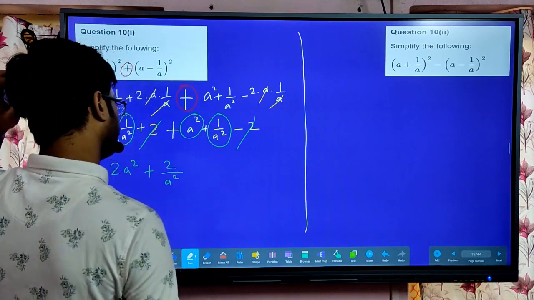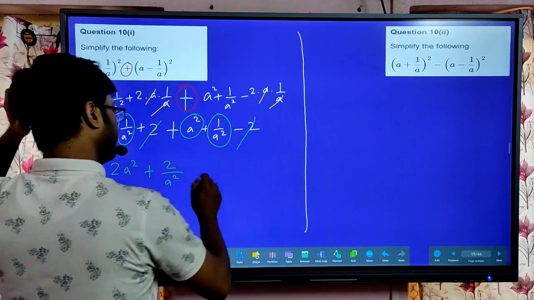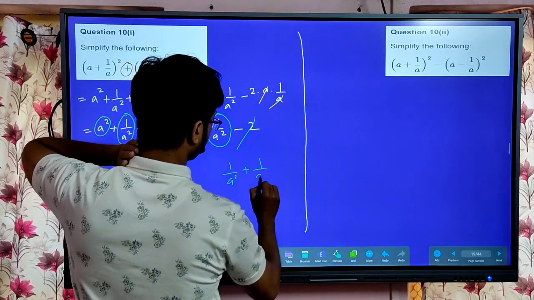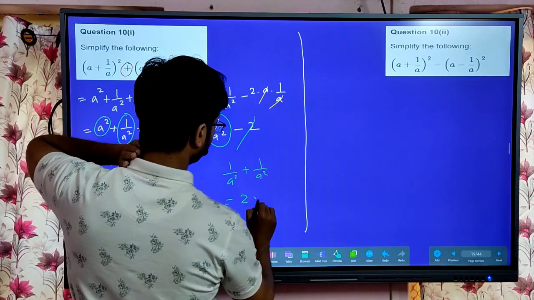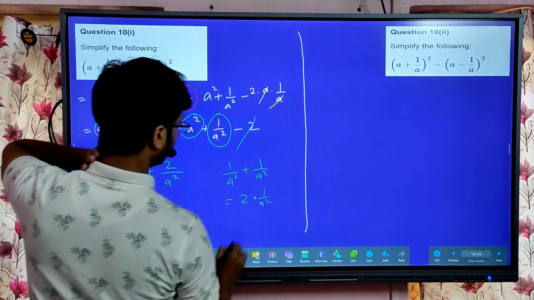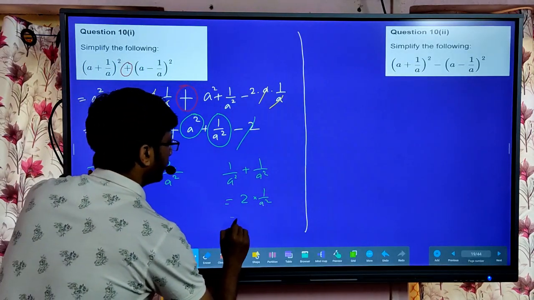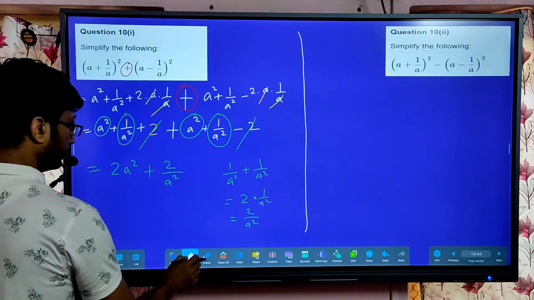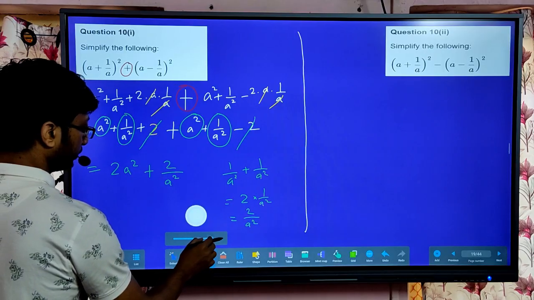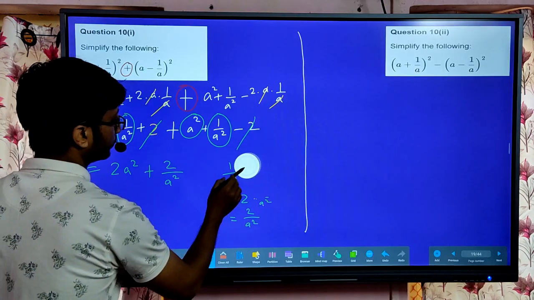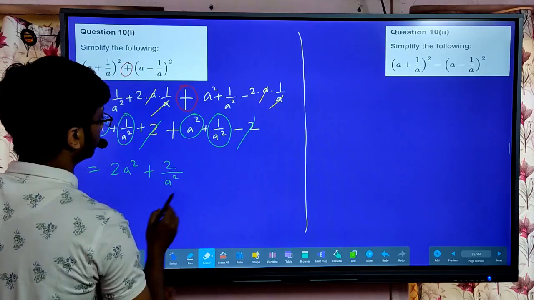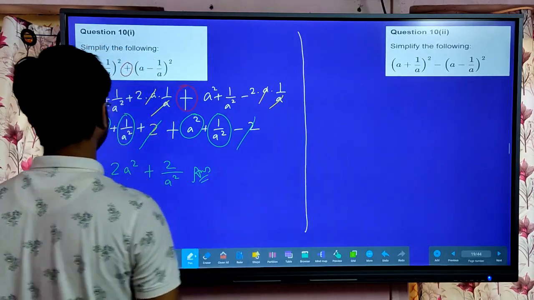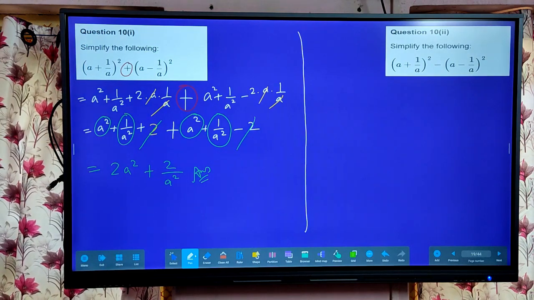Okay, so let's erase this. So this is your answer. 2a square plus 2 by a square.